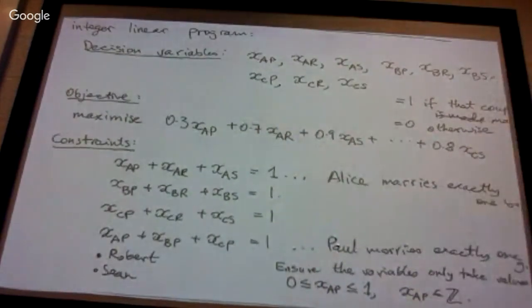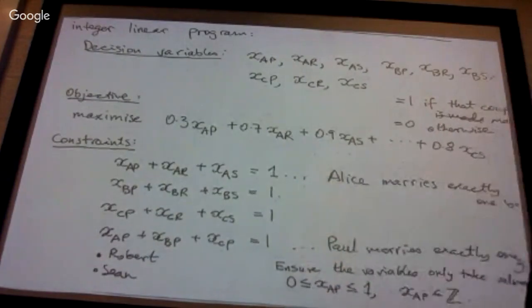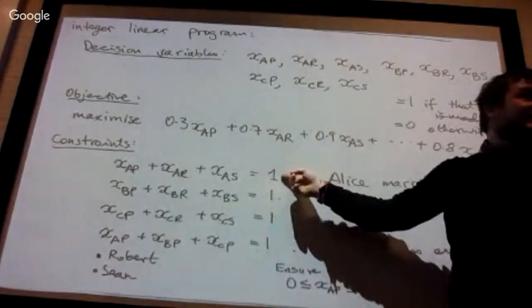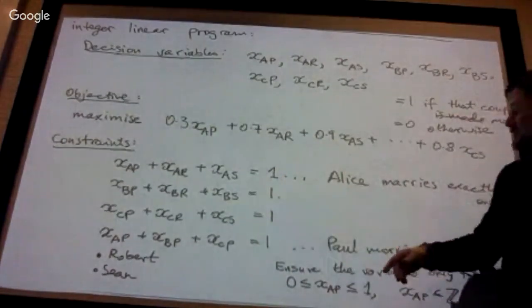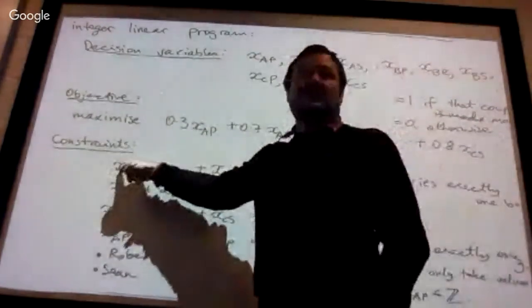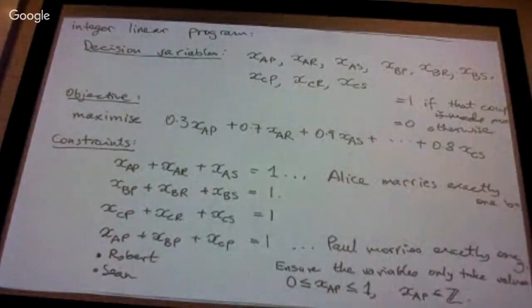The constraints in this case were that Alice has to marry exactly one of the boys, so all the possibilities for her added together have to be exactly 1. Since we insist on all these variables being 0 or 1, exactly one of them will be 1 and all the rest will be 0. That's the same for everybody else. So these are the constraints. In the other case, we had a similar formulation, and we never said how we actually find an optimal solution. So that's what we're going to do now.